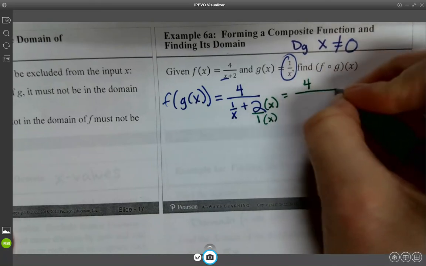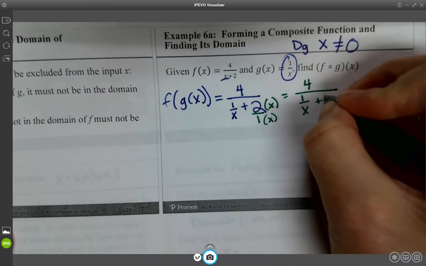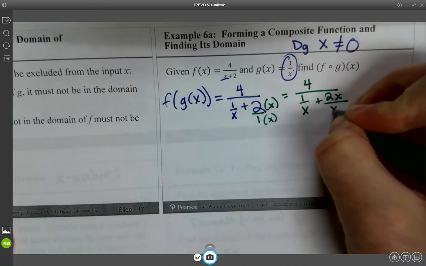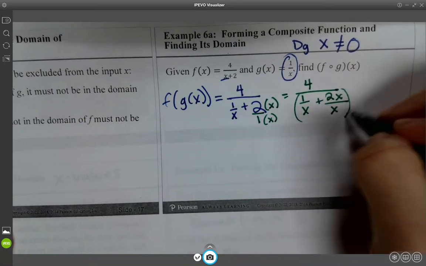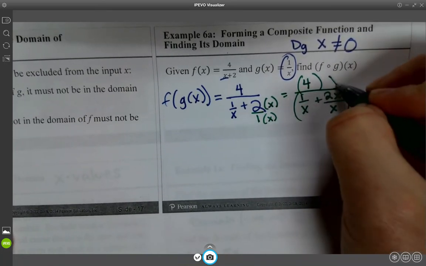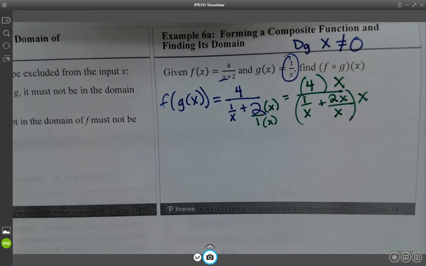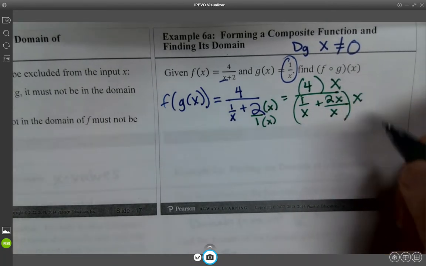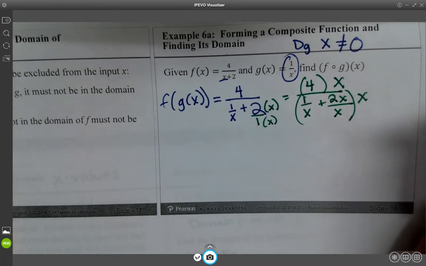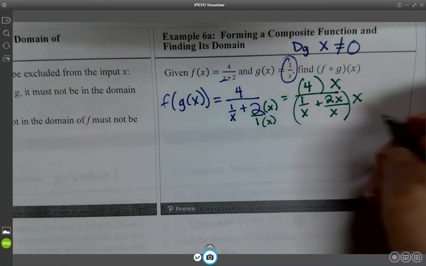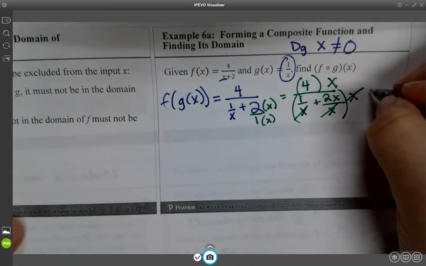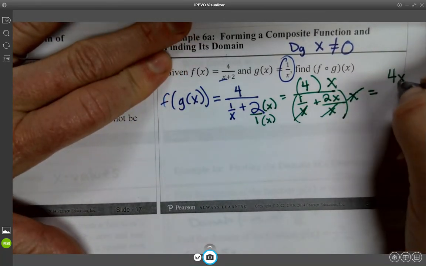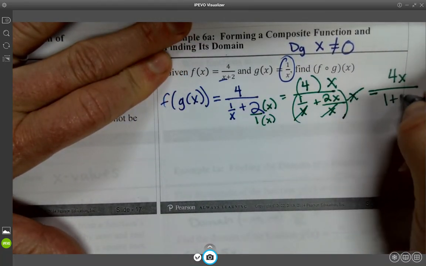So we have 4 over 1 over x plus 2x over x. And what we could do is multiply everything times x, top and bottom, to get rid of our denominator. Because it's just like multiplying times 1. If I multiply times x over x, it's 1. So this is going to cancel out. And I'm going to get 4x over 1 plus 2x.